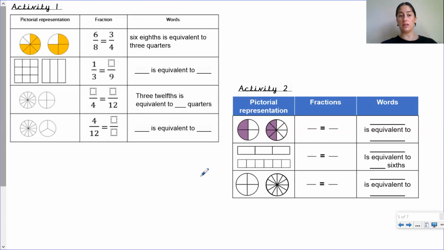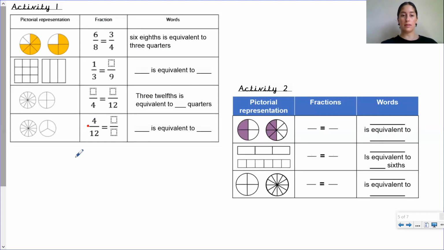If you find it easier with paper strips, for example, to do these, you can also use paper strips. But complete all these fractions and these sentences on your piece of paper. Okay, play the video when you're ready.